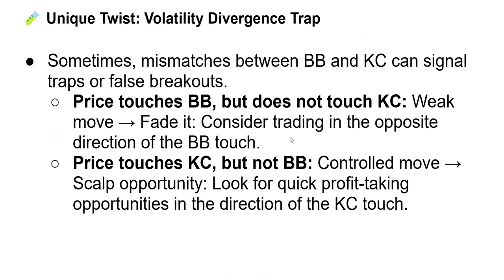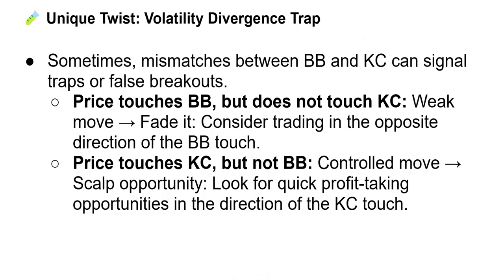Here in this volatility, there will be a unique twist. That is called the volatility divergence trap. Sometimes mismatches between the Bollinger Band and Keltner channel can signal traps or false breakouts.